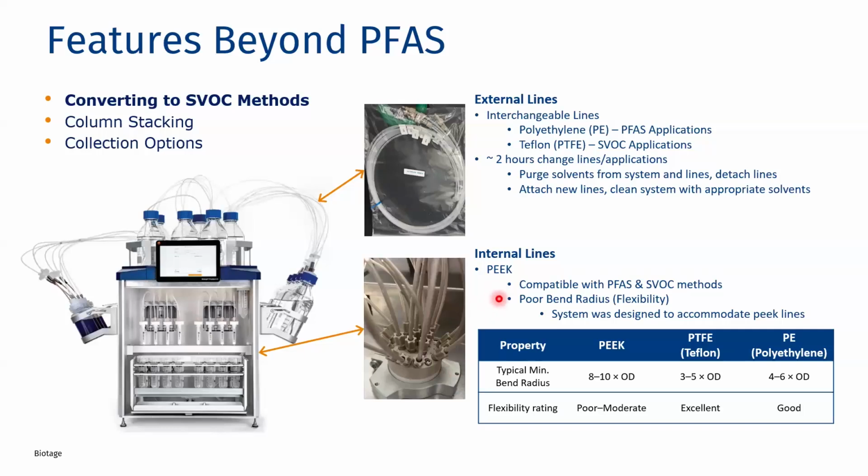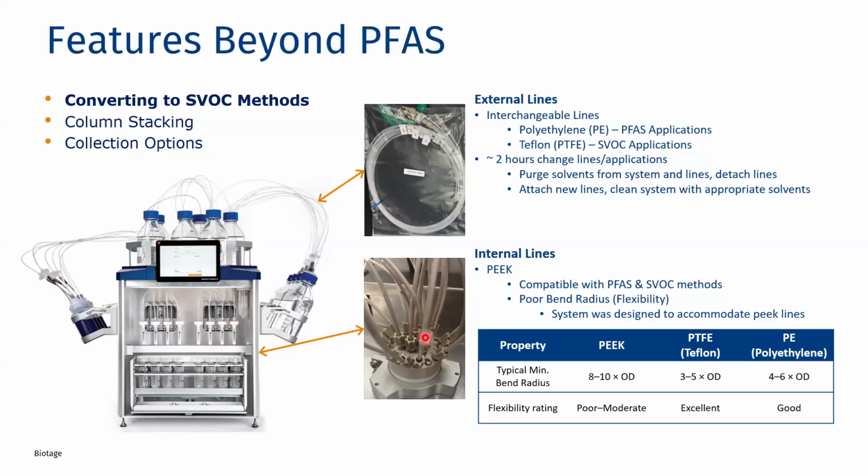Now my first question, or anyone's first question, is: why don't you just use PEEK for the external lines? Well, PEEK has poor bend radius, so these aren't very flexible lines. If you bend them too sharply, they will crack or kink, which is not a good thing. So when you design a system, the internal components need to be designed to accommodate PEEK tubing.